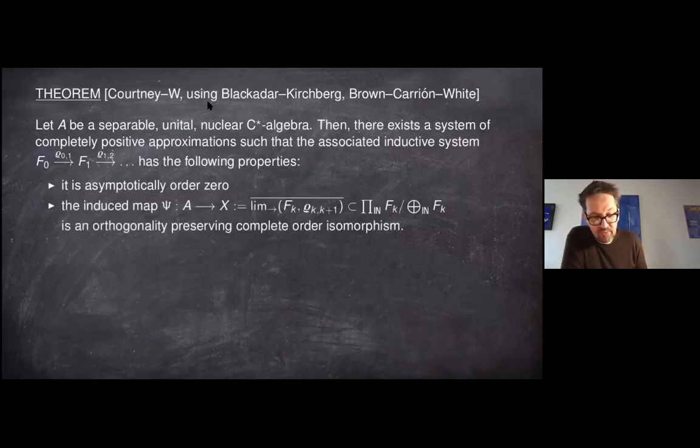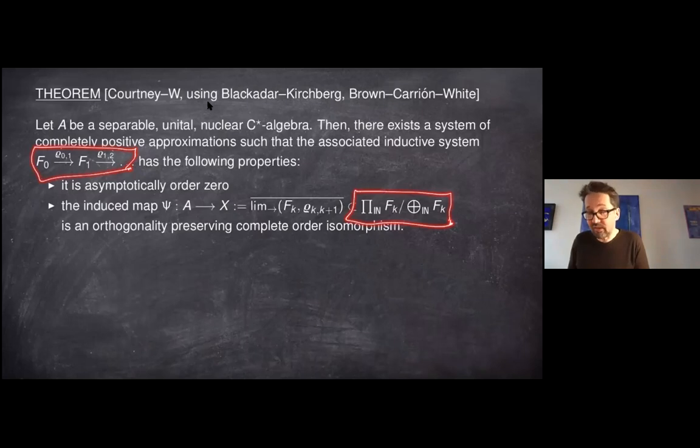And moreover, when you look at this system here, then you can define an inductive limit inside this C-star algebra here. So this is bounded sequences in F_k, modulo null sequences, equipped with supremum norm, and then you can think of the inductive limit of this thing, this system sitting inside here.